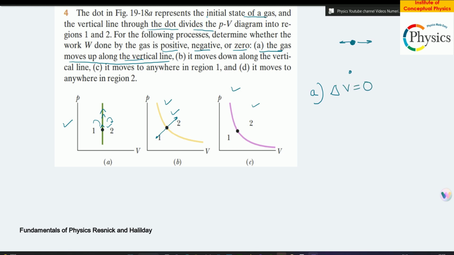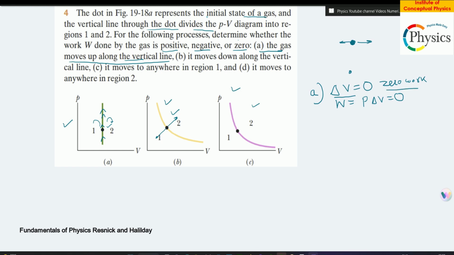Your volume change is zero because this is a constant volume, right? So you're just moving up, the pressure is increasing, the volume is not changing. And we know work done, if there is no change in volume, the work done is equal to zero. So this is a situation of zero work, right? This is the answer, zero work. So question is, in which situation is the work positive, negative, or zero? So A is a situation of zero work.